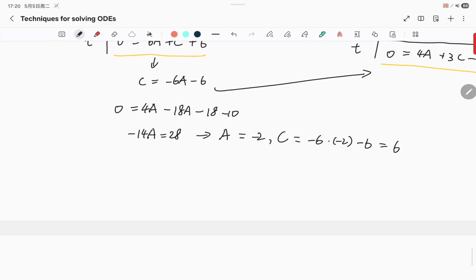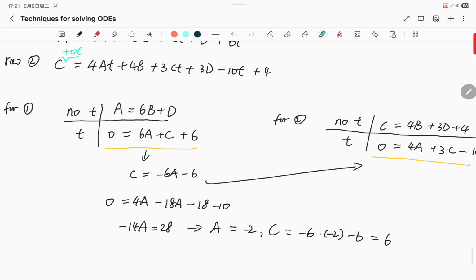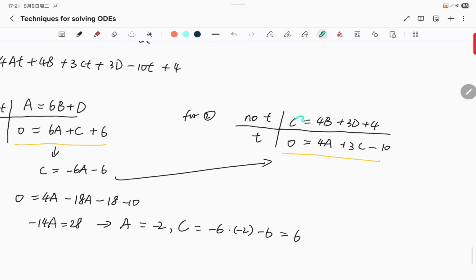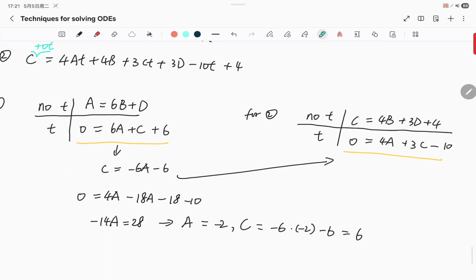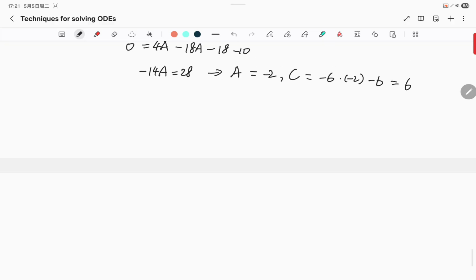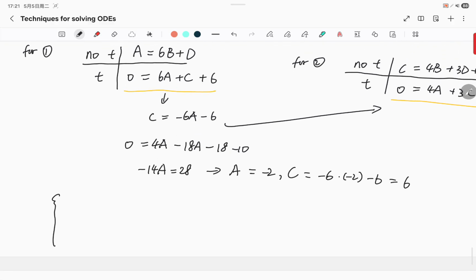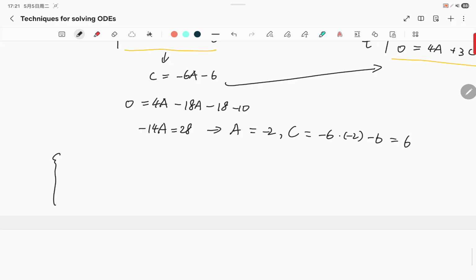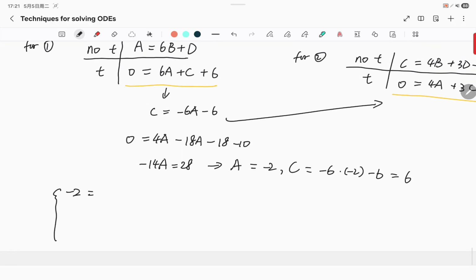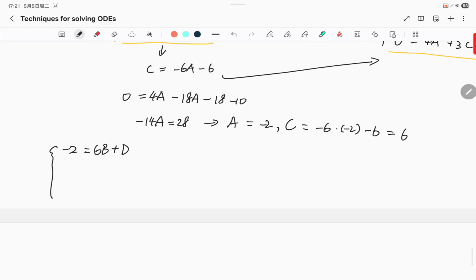equals 6. Once we have a and c, guess what? We just unlock a and c, and we have only b, d, two unknowns in the other two equations, so we can solve. So now we have the first one, a is equal to 6b plus d. a, we found it to be minus 2, is equal to 6b plus d.